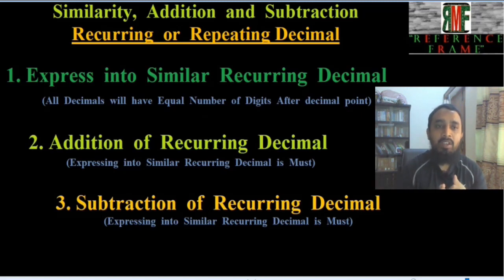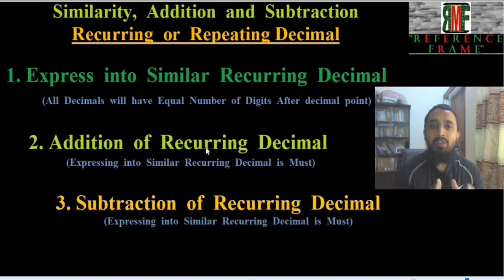Here it means that after expressing them, all the decimals will have an equal number of digits after the decimal point. And for addition and subtraction, we must first express the given decimals as similar decimals. Otherwise, we cannot do addition or subtraction.